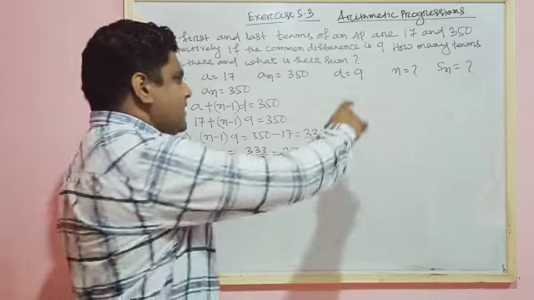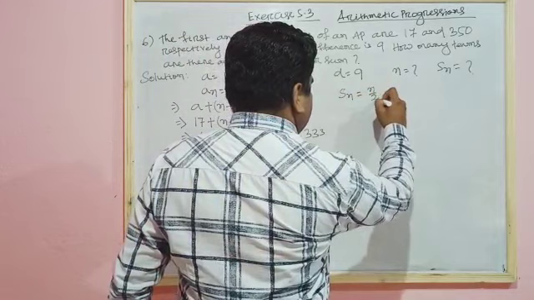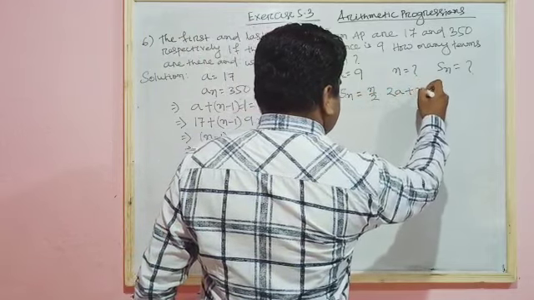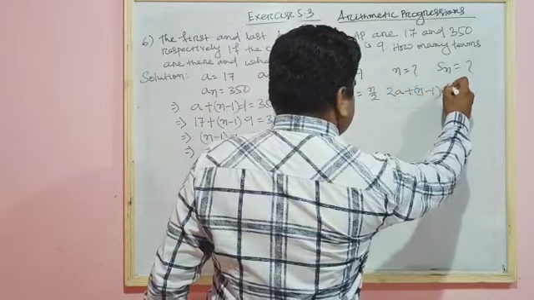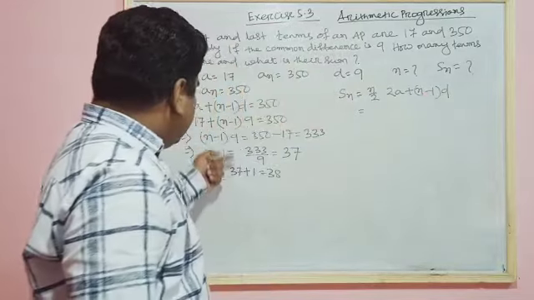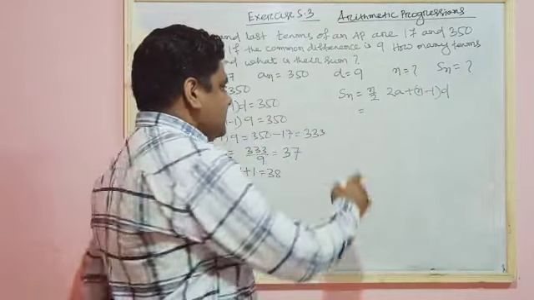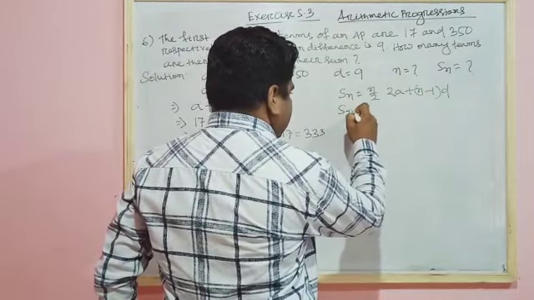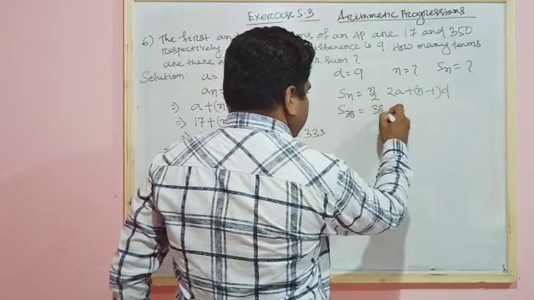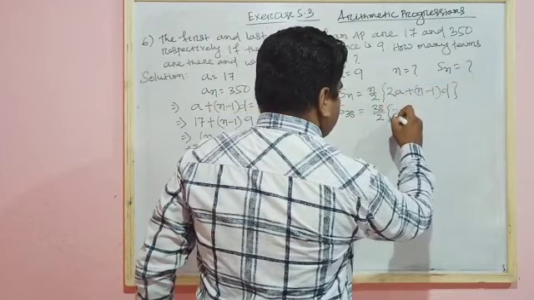Now we have to find Sn. Sn equals n by 2 into (2a plus (n minus 1) into d). So the AP contains 38 terms. So Sn we have to write here as 38 by 2 into (2a.